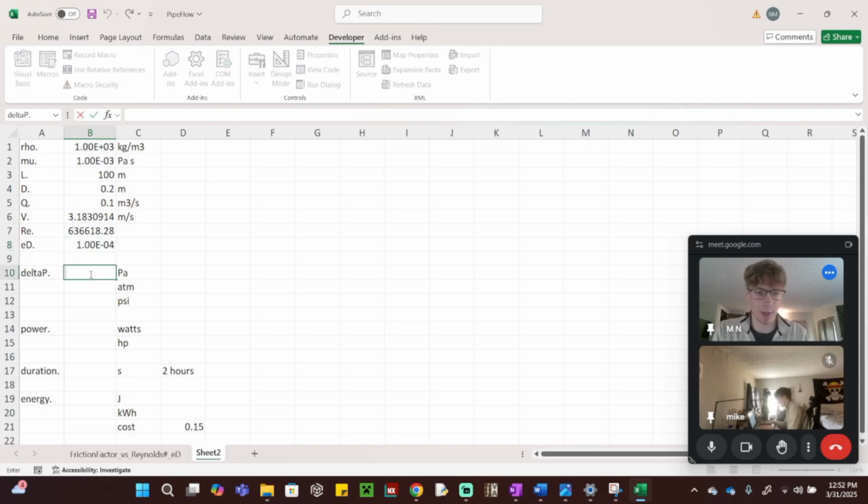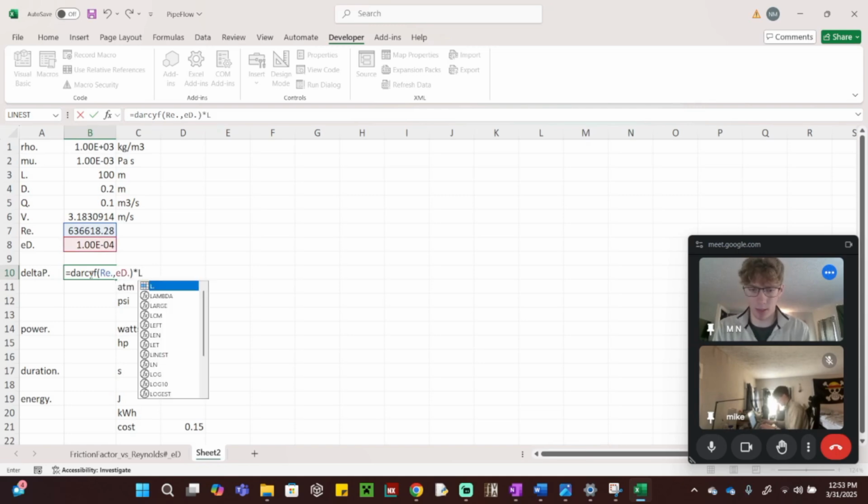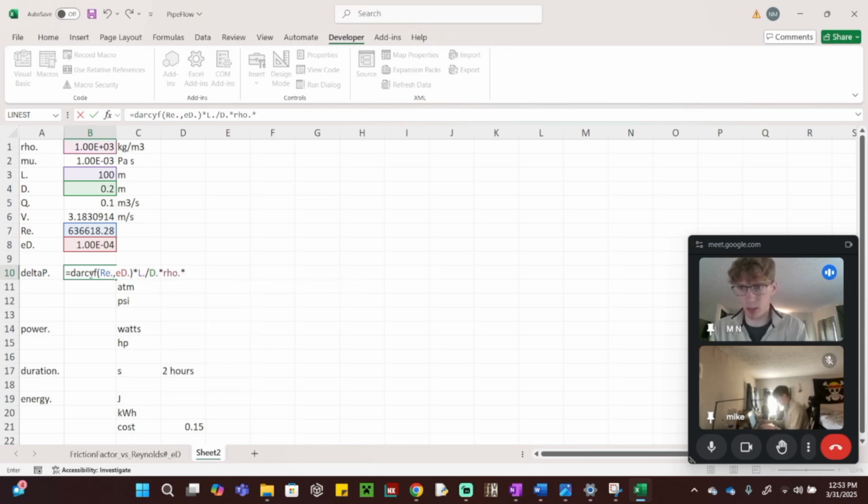Delta P is going to be our pressure drop. So we're going to calculate this in pascals. So it will be the Churchill friction factor of our Reynolds number and our pipe roughness times our length divided by our diameter, times our rho, our velocity squared over 2.